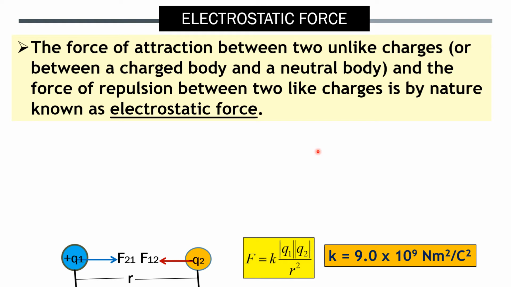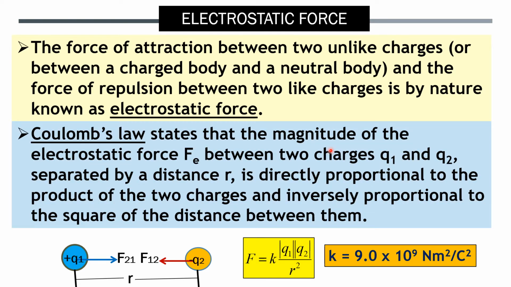The word electrostatic also means that we will assume the charges to be at rest. Likewise, we now state the law that says it all. We call this Coulomb's law.